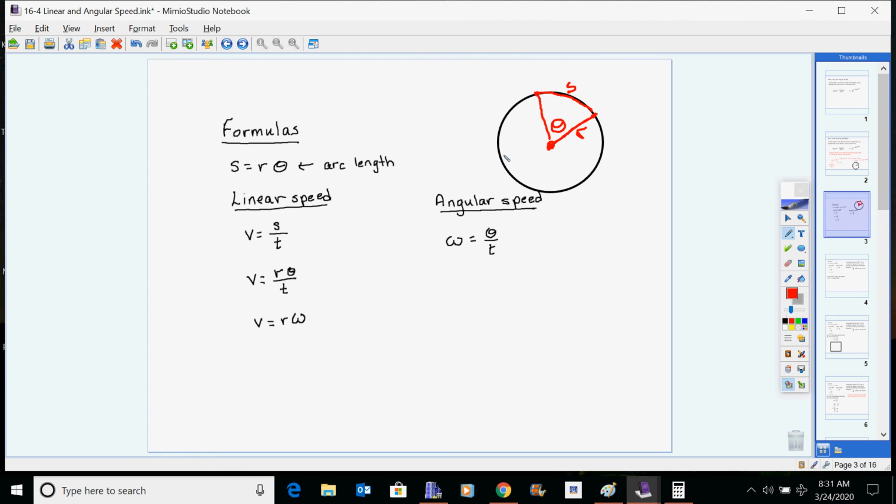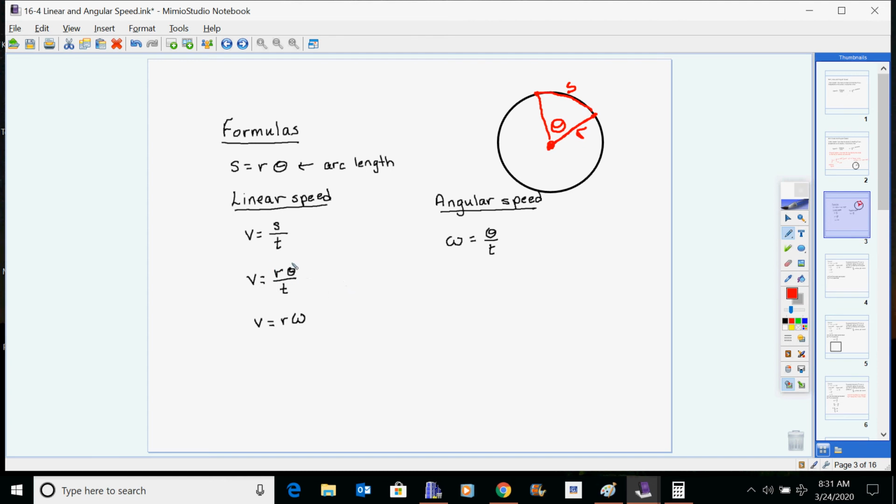Think about a car driving around a circular track, or you taking a jog, or something spinning around, and you can think about the distance along the outside of that. Our linear speed, we already said, is distance divided by time. In this case, it's s divided by t.